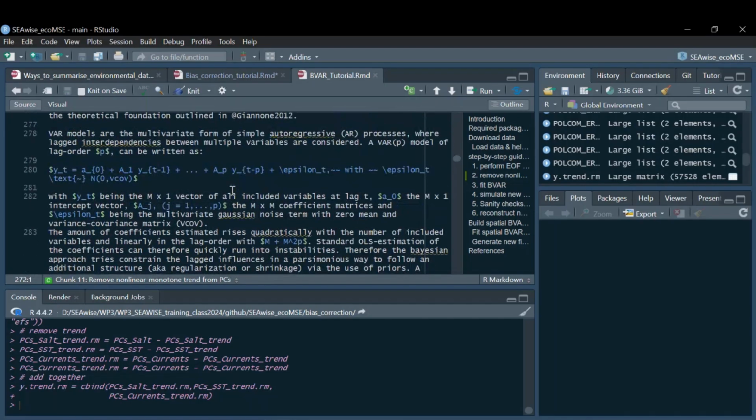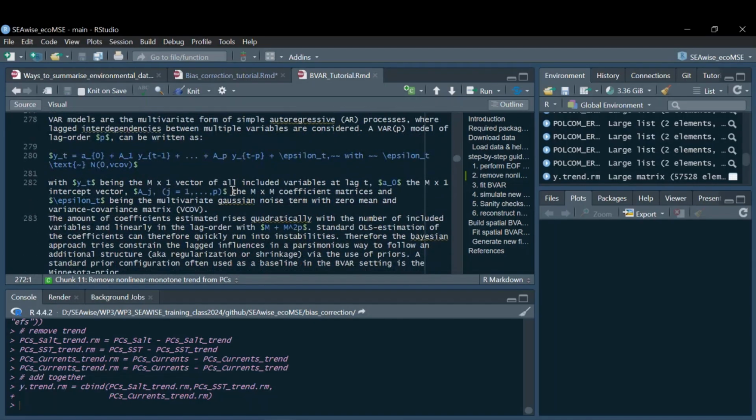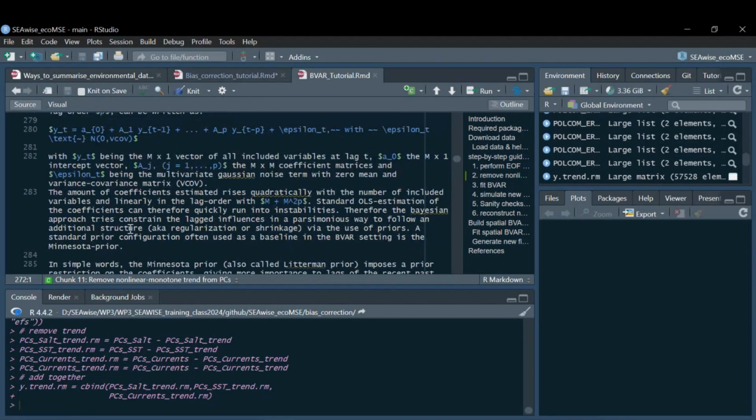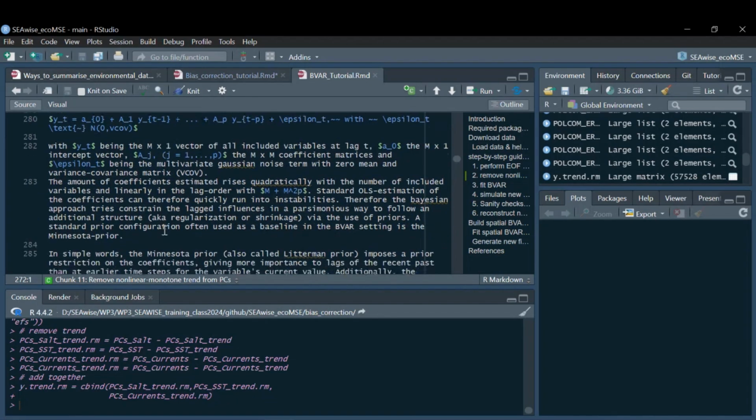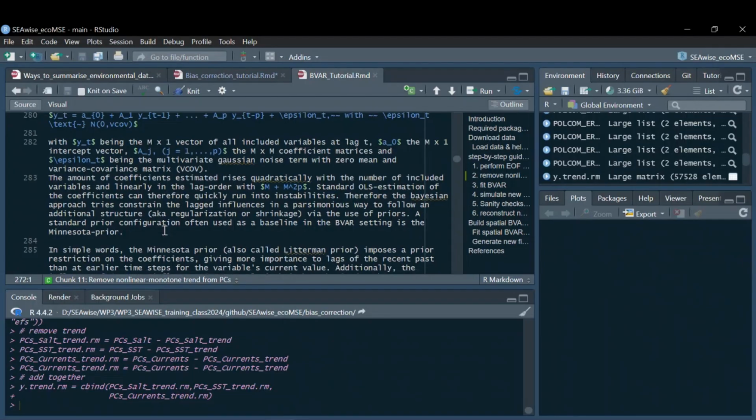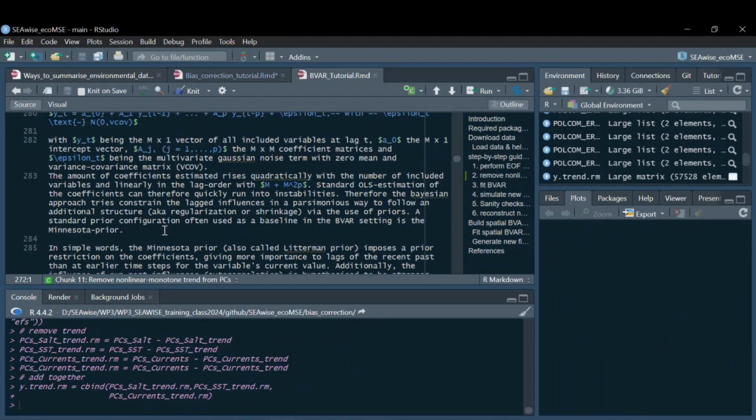The whole process is about modeling your current state, your current time series state, as a sum of previous states you were in of this exact variable, and also of lagged influences of other variables.